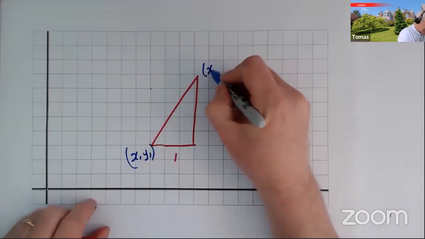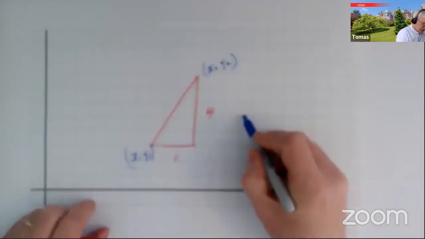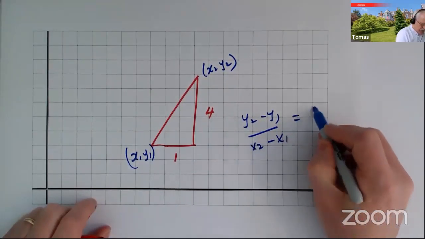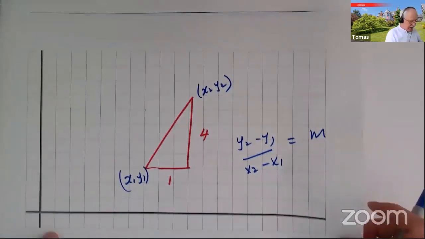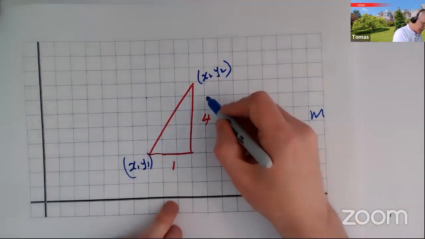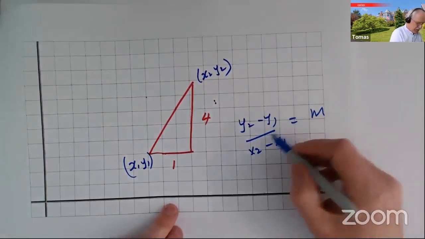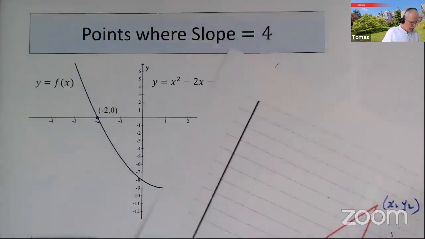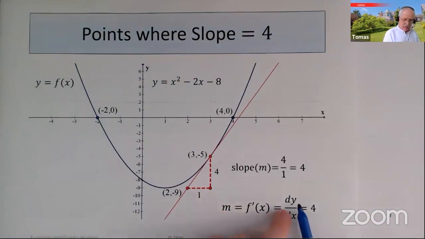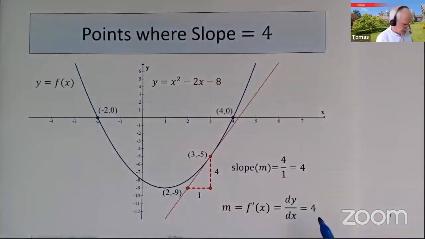This could be x2, y2. So that would be y2 minus y1 over x2 minus x1 is m. That's the line connection there. It's that height. So you'd see that the delta change here is 4 over 1. It's 4 over 1. So that's the slope. M, the slope of the line, is actually f dash x, is dy dx, is 4.